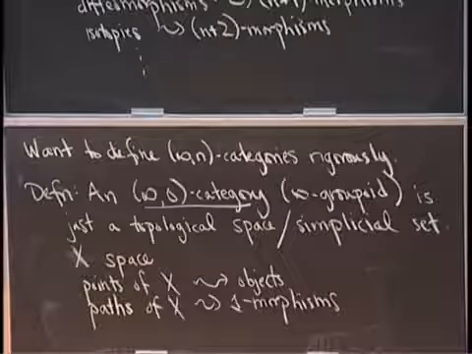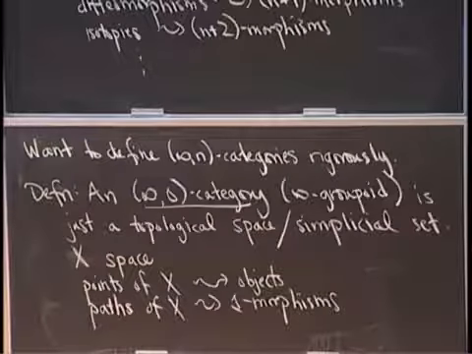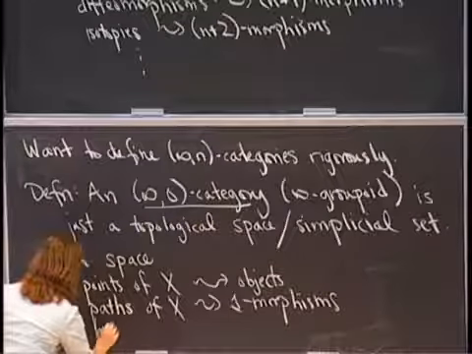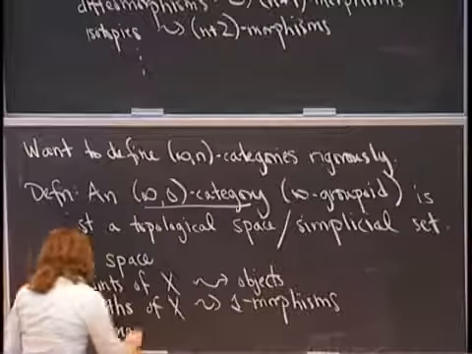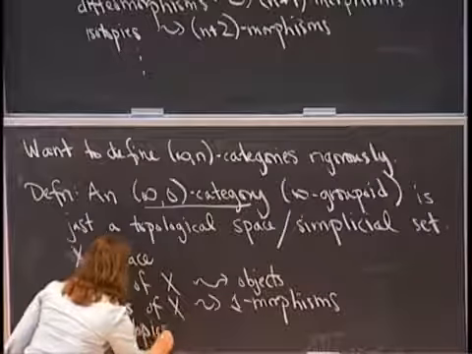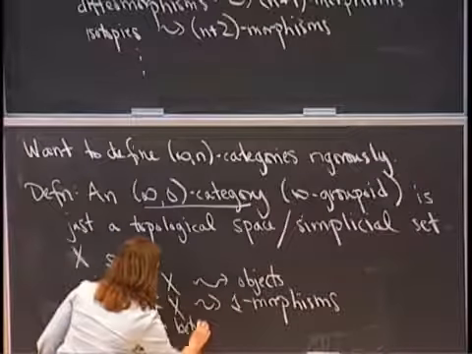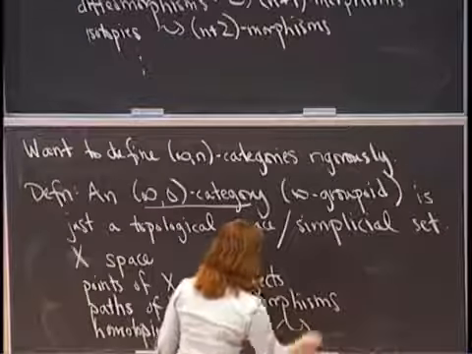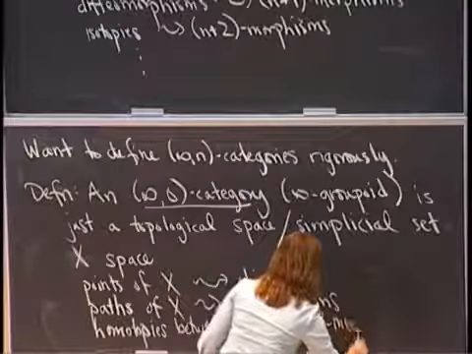And since paths, well, they're not strictly invertible, but they are weakly invertible. So that's good. And then if we have two paths connecting the same points, well, we can take homotopies between them. And this will give two-morphisms.